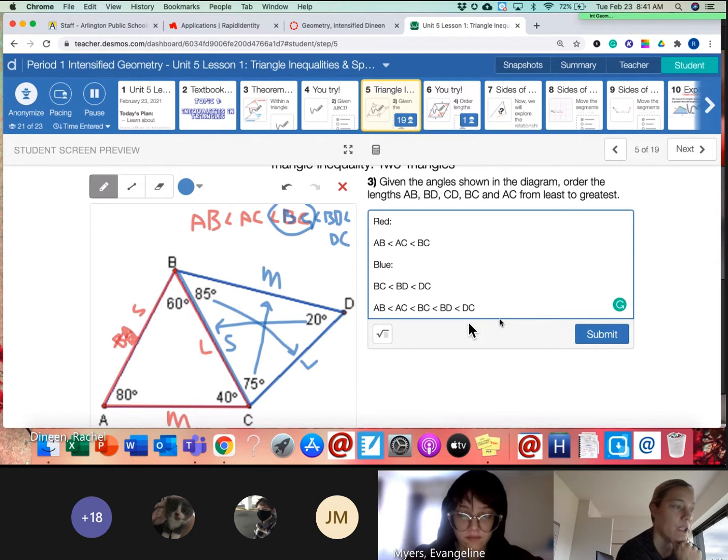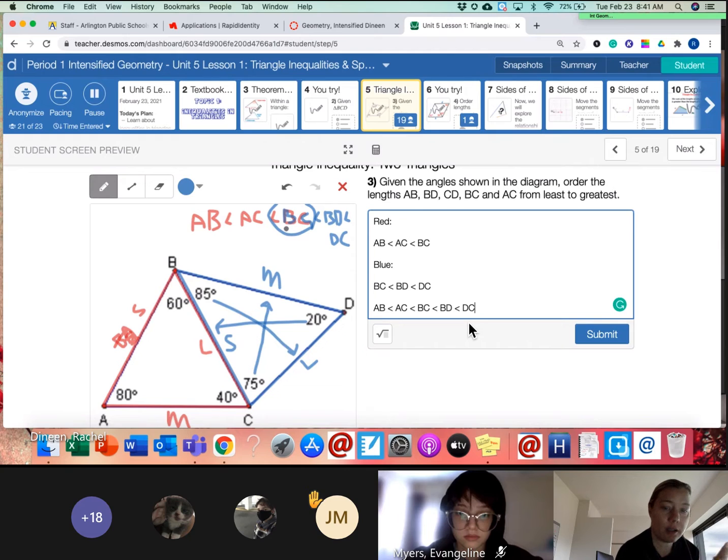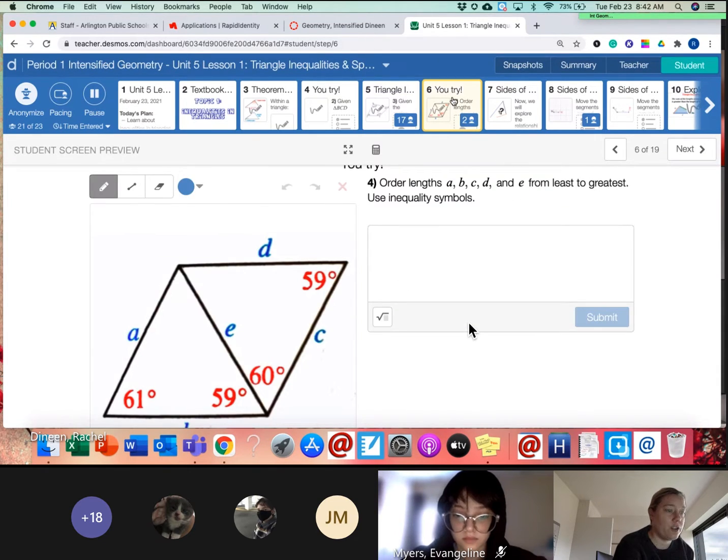It doesn't matter which one you put first, but when you look to join them, you'll see that BC is the longest side for the red triangle and the shortest side for the blue triangle. So when you piece them together, you would put the red one first. Okay, thank you. Yep.